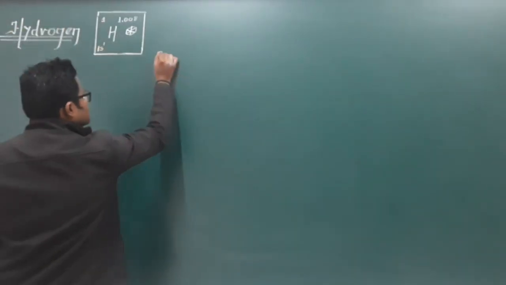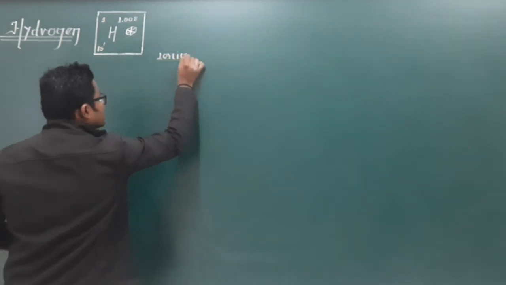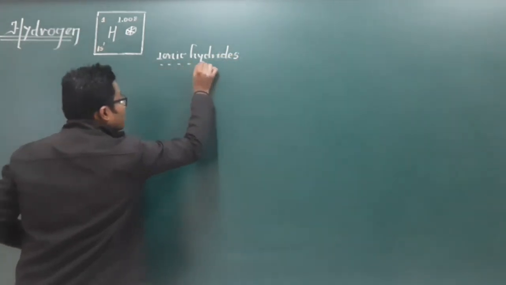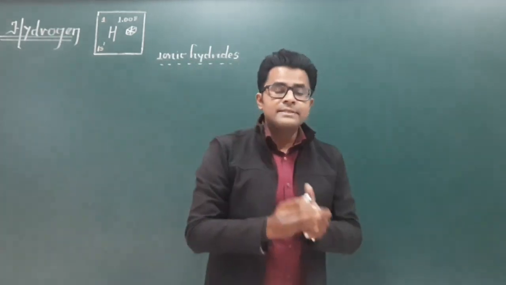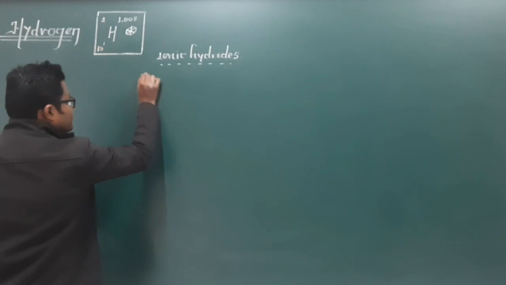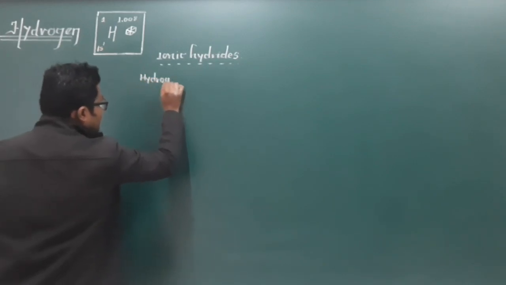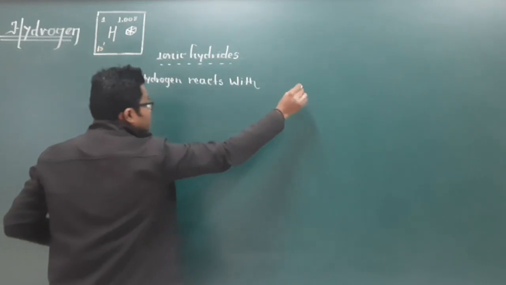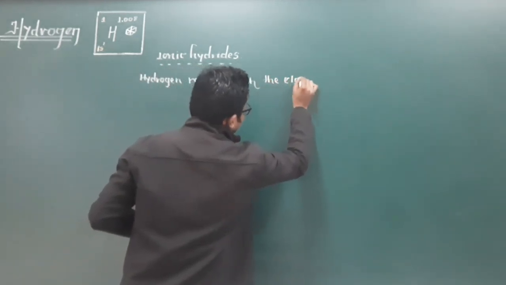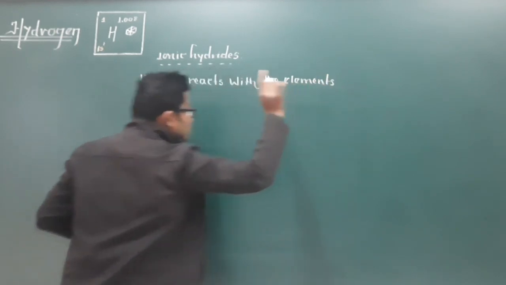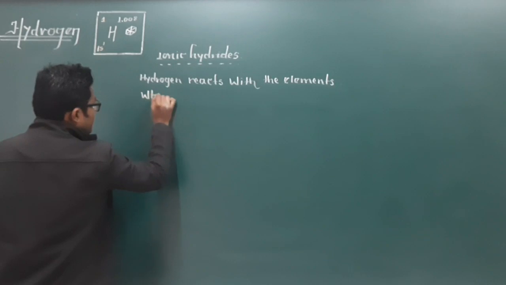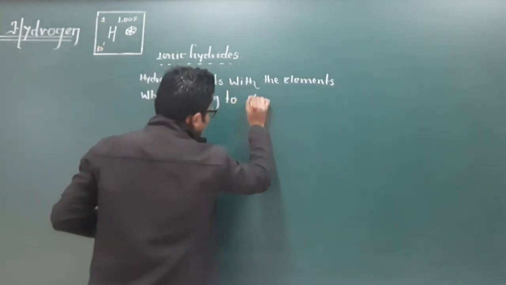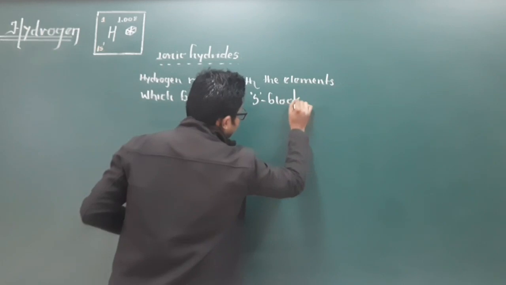So, coming forward with ionic hydrides. The ionic hydrides are hydrides formed when hydrogen reacts with the elements which belong to, this is very important, the S block elements.